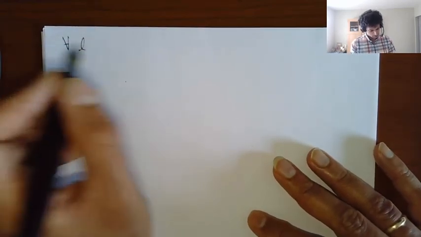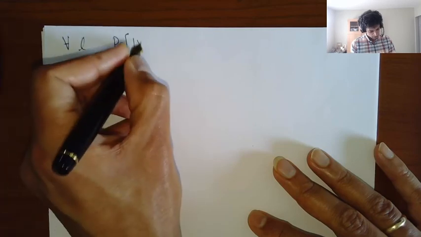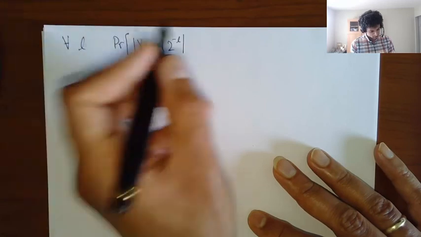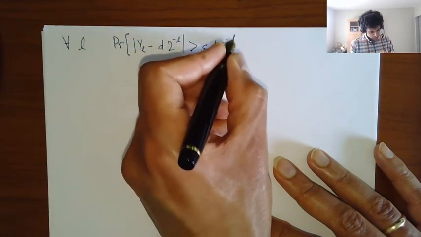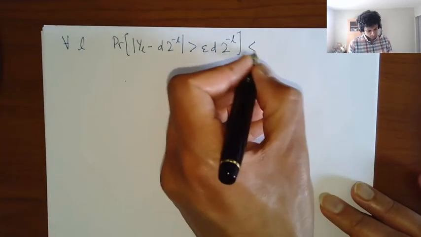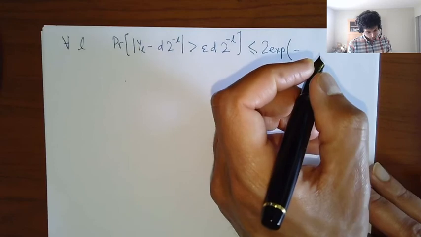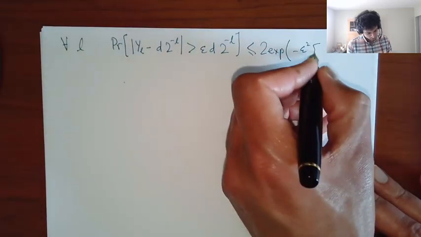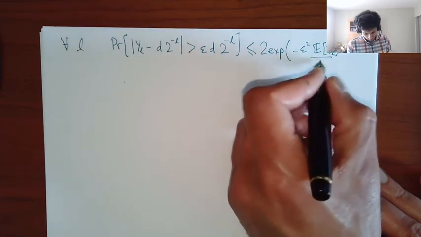So let me rewrite this and simply say that the following should be true: for all L, the probability that Y of L minus d times 2 to the minus L is greater than epsilon d times 2 to the minus L is at most 2e to the minus epsilon squared times the expectation of Y_L divided by 3.